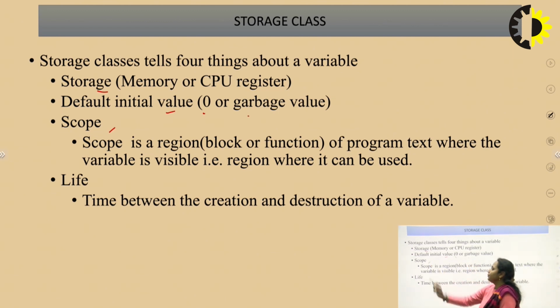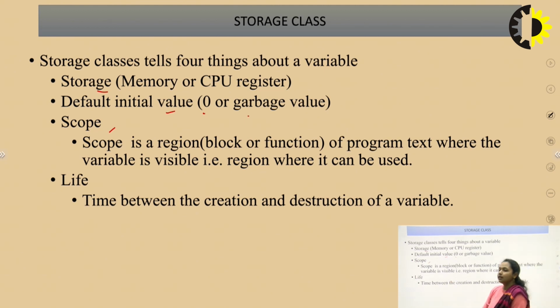Third one is the scope. What is a scope? Scope is the region of the program where the variable is visible or where we can access the variable. We can actually utilize the value which is stored in it. So scope tells you the region within which you can call or access the value stored within the variable.